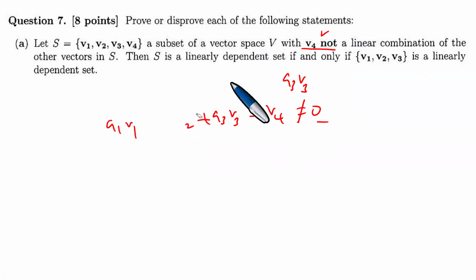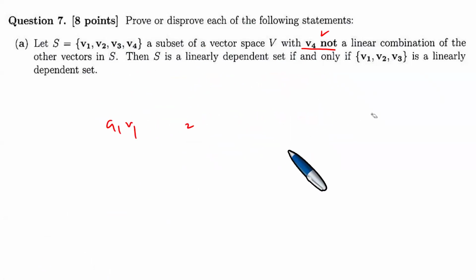But how do you prove this, and how do you make sure you are on point? There are too many things you can say here. But I want us to look at the fact that S is linearly dependent if and only if the 3 vectors form a linearly dependent set.